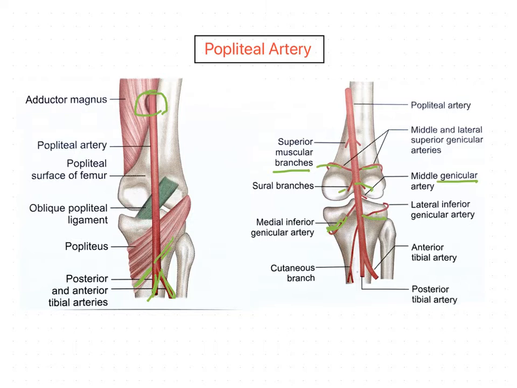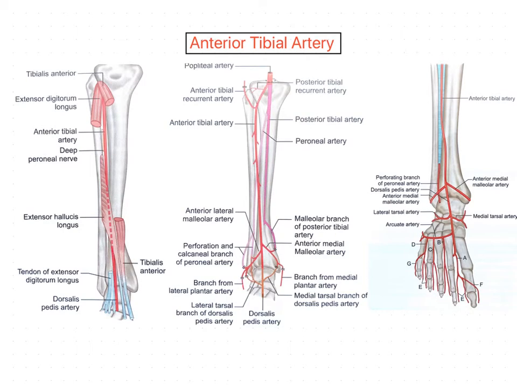Now we will move on to the anterior tibial artery. Once it enters the anterior compartment of the leg, it gives a recurrent artery called the anterior tibial recurrent artery, which helps in the formation of the anastomosis around the knee joint.